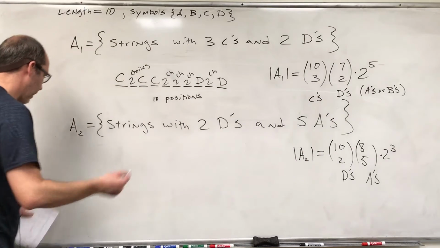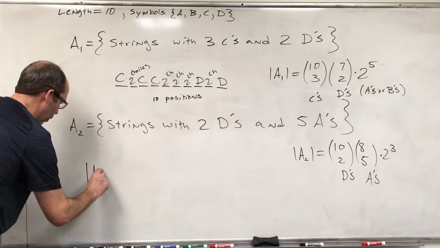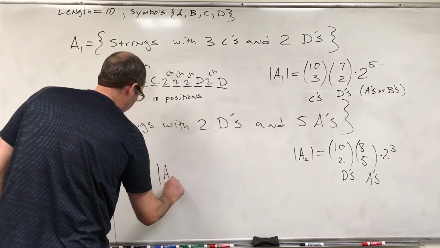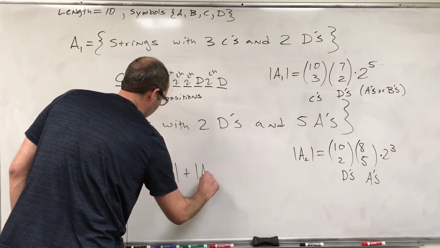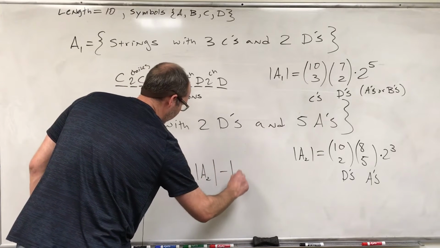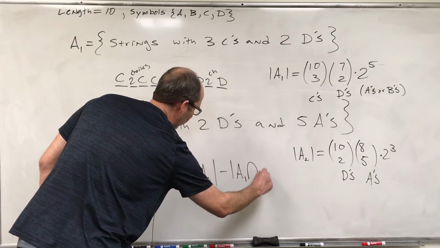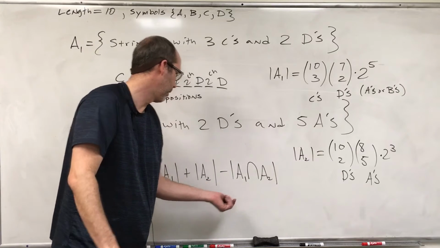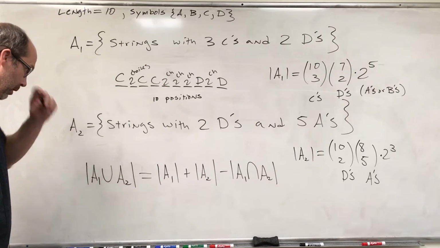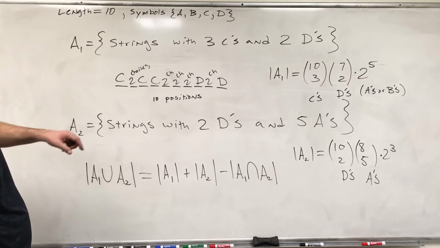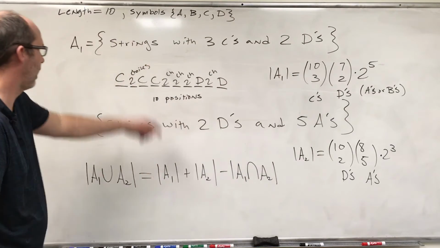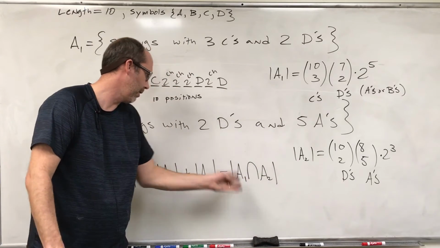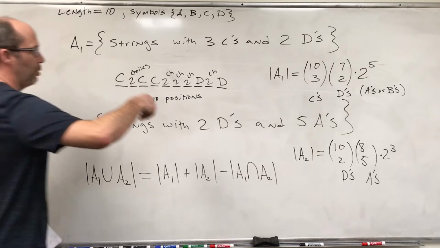Okay, now we want to find the cardinality of A1 union A2. So we have the cardinality of A1 plus the cardinality of A2 minus the cardinality of A1 intersect A2. Now think of this last one: this is the number of strings of length 10 that have 3 C's and 2 D's, and 2 D's and 5 A's. Is there any string that has 3 C's, 2 D's, and 5 A's?